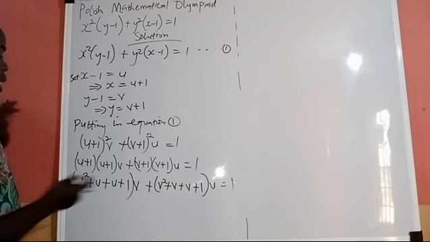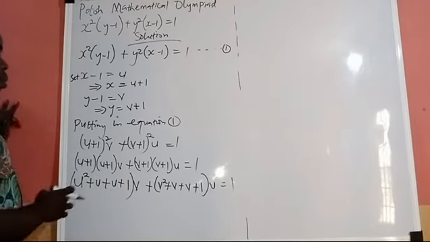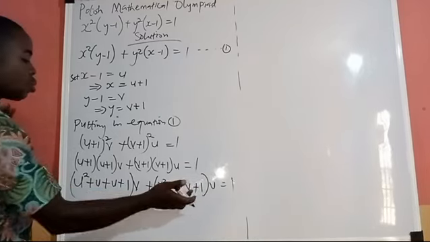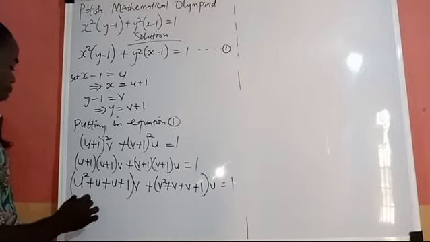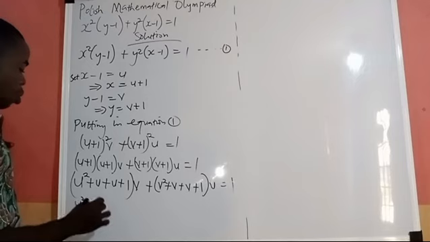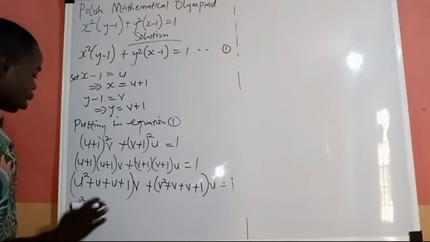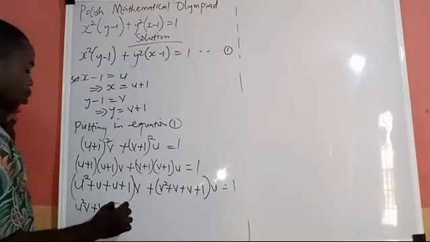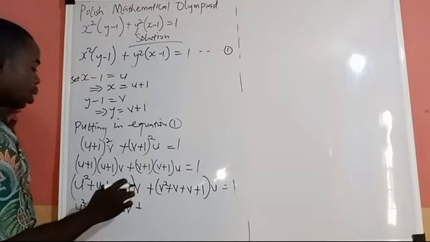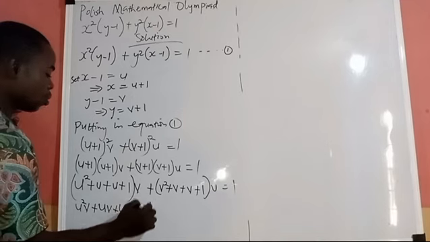So what do we do next? We just use this v to multiply the bracket now, and then we use this u to also multiply this same bracket. So let's go. This is u squared times v plus uv, plus uv, plus v times 1 will give us v.